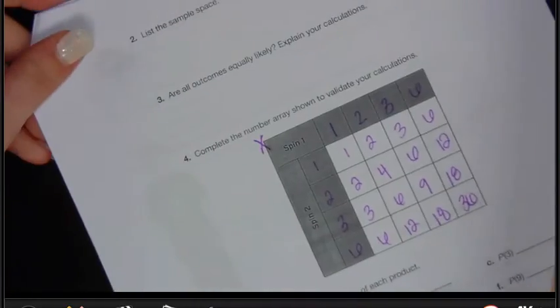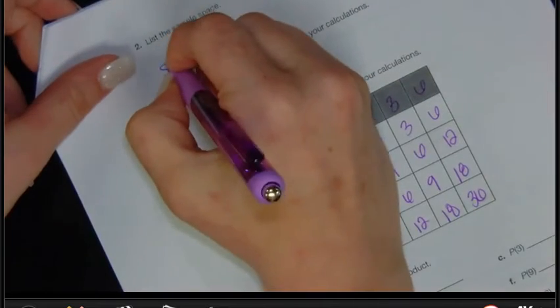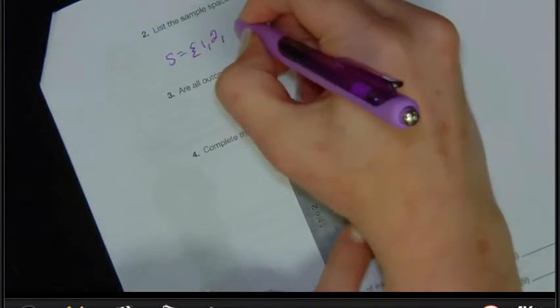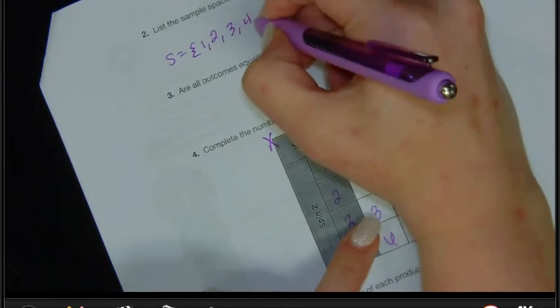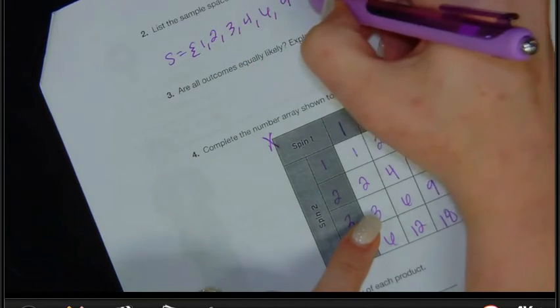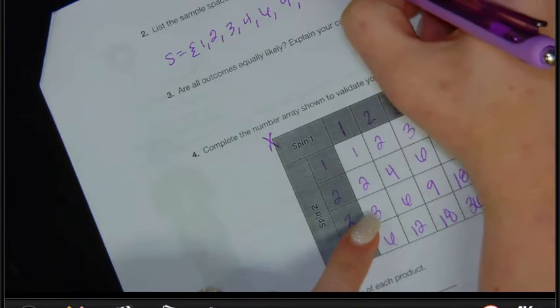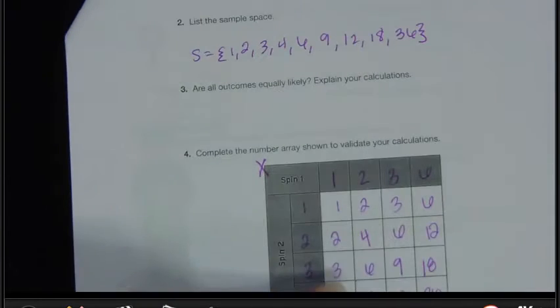And it's all of my products listed here. Okay, so my sample space is going to include 1, 2, 3, 4, 6, 9, 12, 18, and 36. Okay, that is my entire sample space.